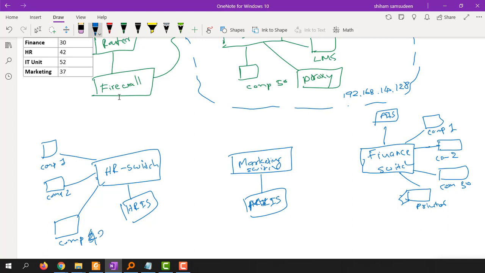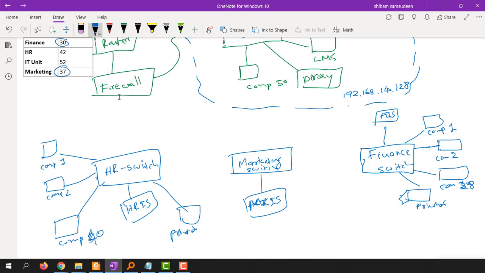Let's say this is 40th, and one for the printer. So let's say this is the printer, right? And one for the server, right? So that's how that 48 comes up. So finance also you go up to 28, and there's a printer and then the AIS. So that's what this is.